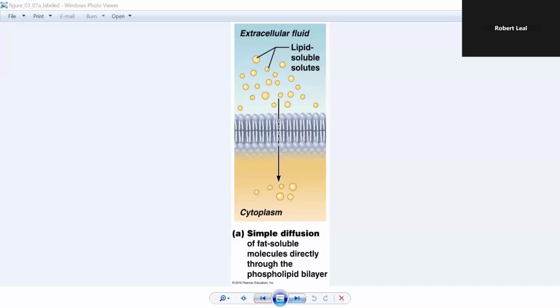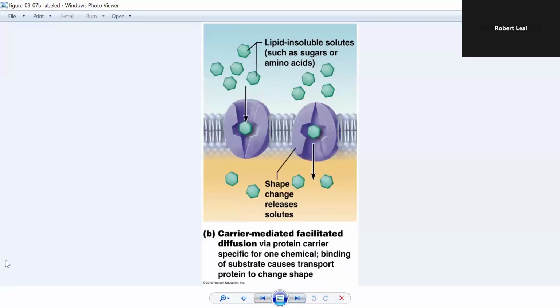All right, let's look at the next slide. We're looking at a substance here. Again, there's more of it outside the cell, so it wants to come in from high to low. Right, so no energy is going to be needed. However, the substance here happens to take the shape of the channel that's going to allow it through. And it didn't penetrate the cell membrane.